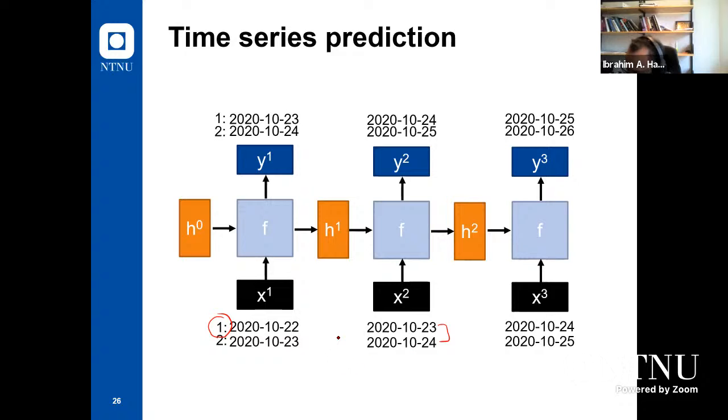You have a time series, and I'm using each 2 values for predicting the third. So I'm using 22nd, 23rd, 24th, 25th, and this is the first value we're predicting, right?